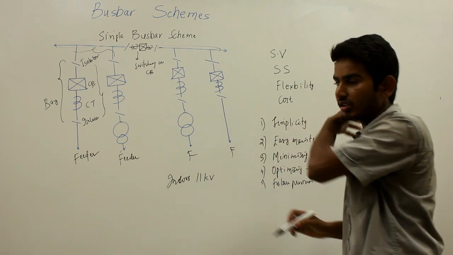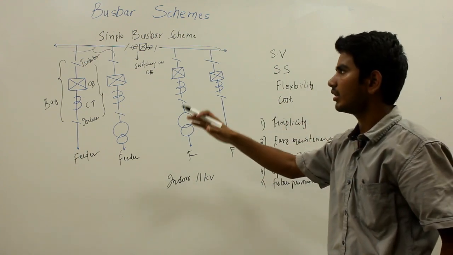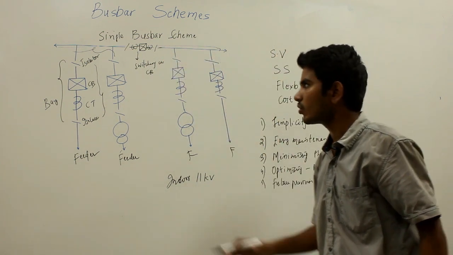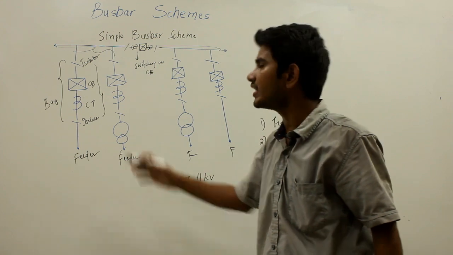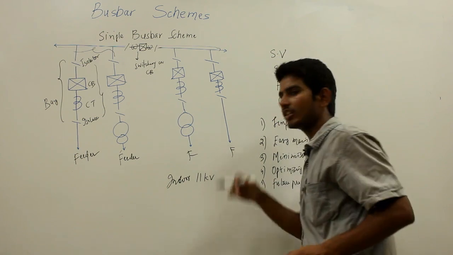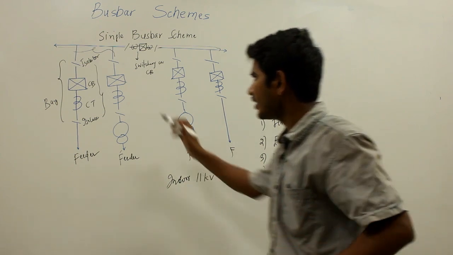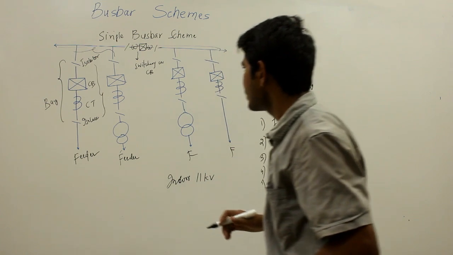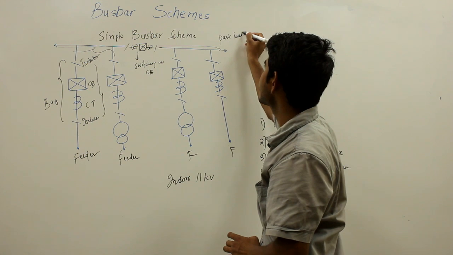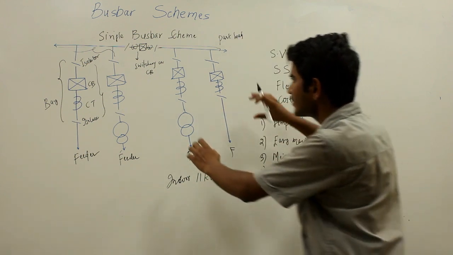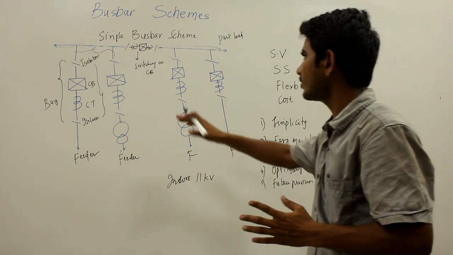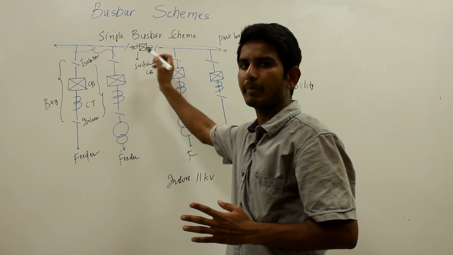If there are more than one incoming sources and outgoing feeders which are evenly distributed, say two feeders in one section and two feeders in the other, and if any of the sections is under maintenance, then the part load of the substation can be fed by energizing the other section of the busbar scheme. So that is the advantage of the single busbar scheme with bus sectionalizer.